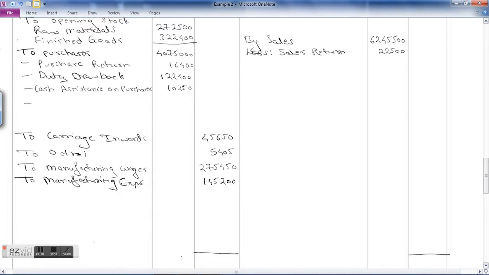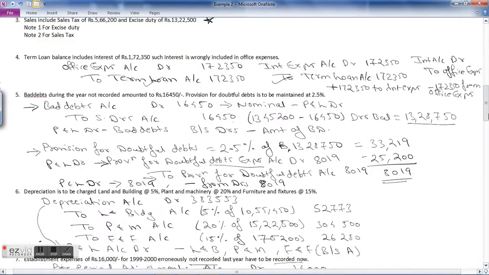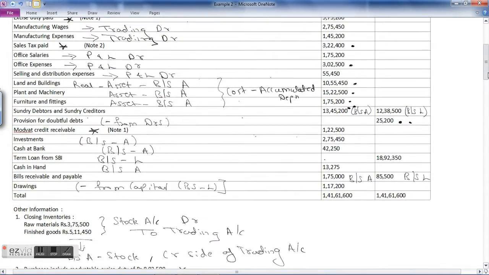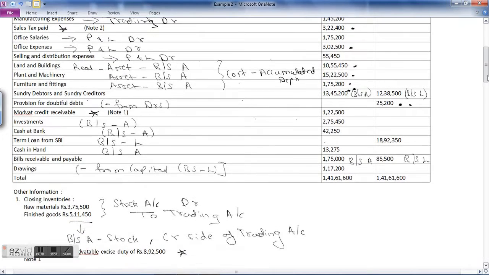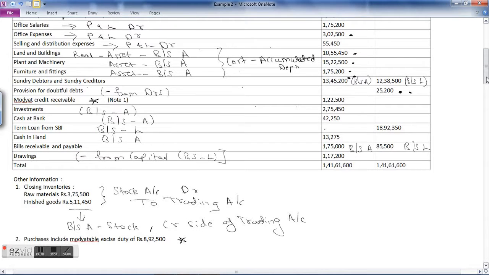Okay, next is sales tax paid. Again we will be giving effect of those sales tax paid after referring to note 2 later. Okay, then office salaries 1,75,200.